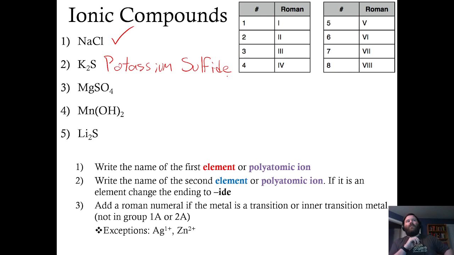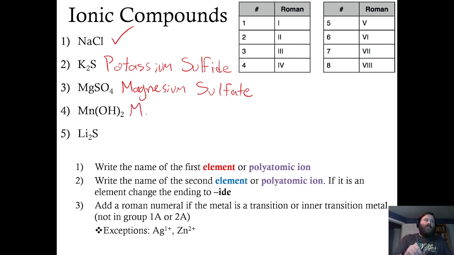So potassium sulfide. Next up, magnesium sulfate. So we go magnesium. And then, because it's a polyatomic ion, we just straight up write the name, no need to change the ending, and that's it.